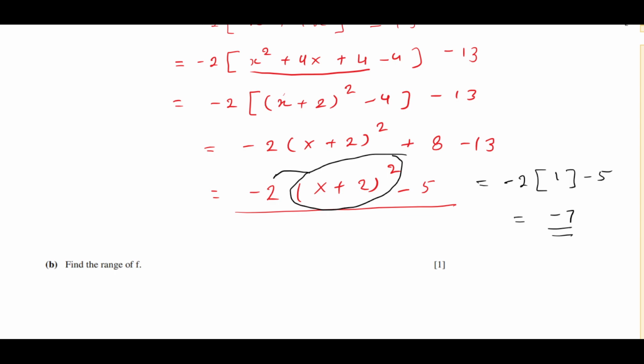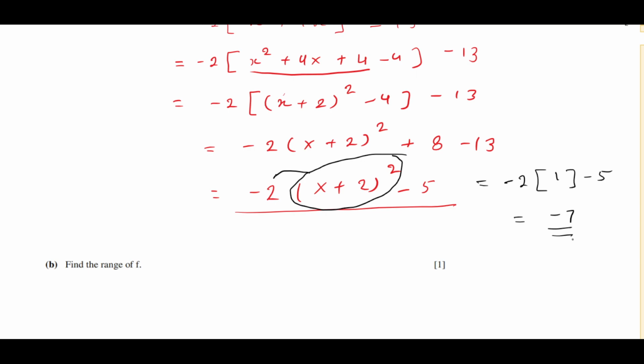The hint I have given is that your next problem is always somewhat related with the previous problem. So if you took this final answer for your solution, that will be much better than any other value. So preferably use this value. Now I know that if I took a value less than minus 3, like minus 4, then minus 4 plus 2 is minus 2, the square of that is 4, 4 times minus 2 is minus 8, minus 8 minus 5 is minus 13.